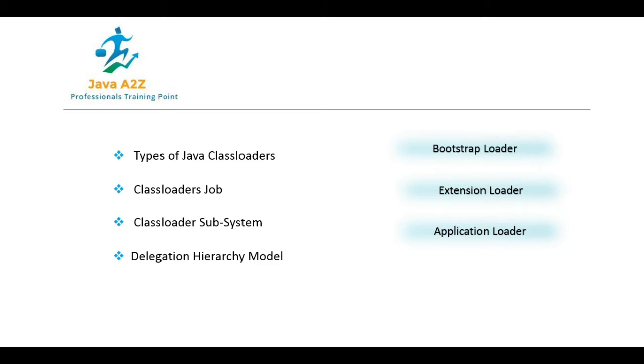So this is the working of class loaders. Let's understand in an easy way. Class loader subsystem: this is near the JVM. The JVM interacts with the class loader, and this interacts with the hierarchy and provides the job to the class loaders. So the class loader works accordingly to load the class.